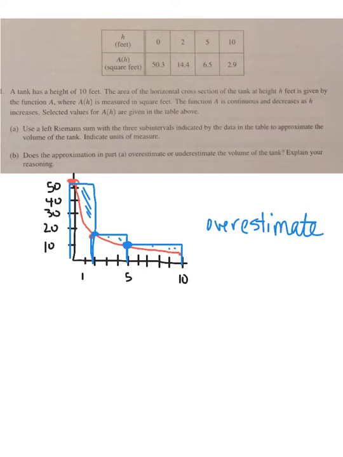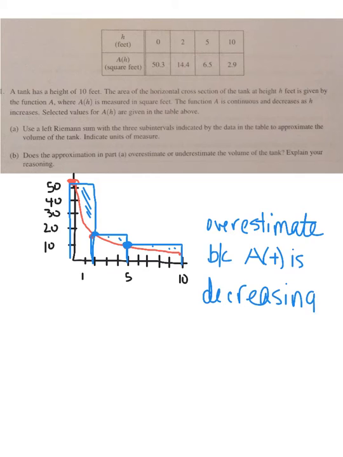And the reason would be because A of t, which is my graph that I have in red there, is decreasing from 0 to 10, which then would make my left Riemann sums over approximations.